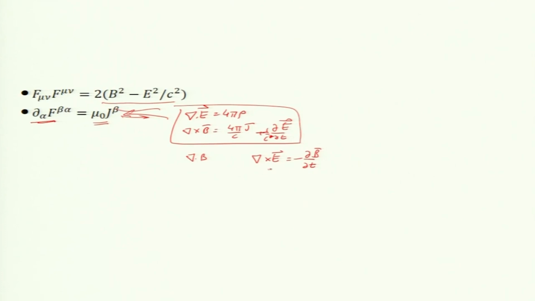This should be plus actually, otherwise the wave equation will be a problem. These two are constraints, and there are certain equations called Bianchi identities. All of these can be derived in terms of F mu nu. It is a bit of algebra, but a very nice algebra, the starting point for covariant electrodynamics.